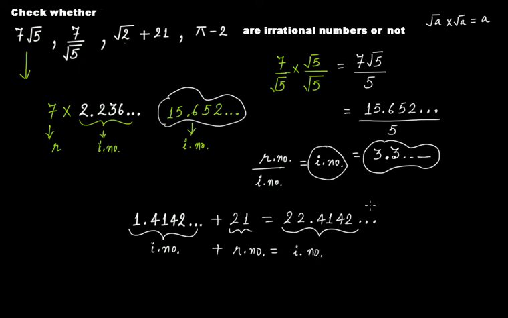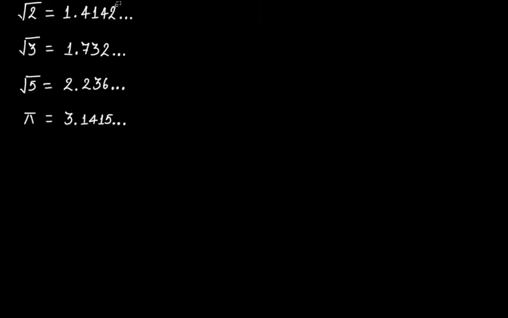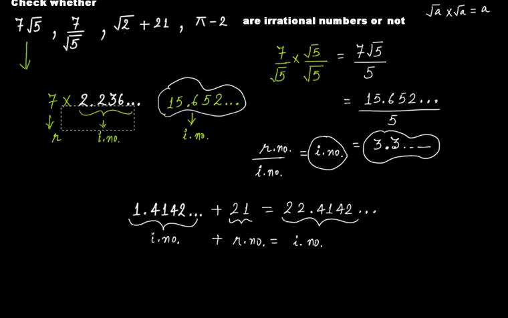Now pi minus 2. If we take the value of pi, we have calculated here, that is 3.1415. This is minus 2. This gives you 1.1415 and so on.